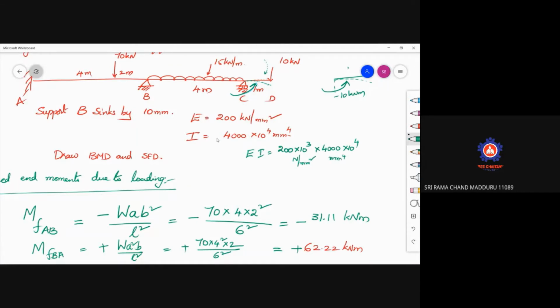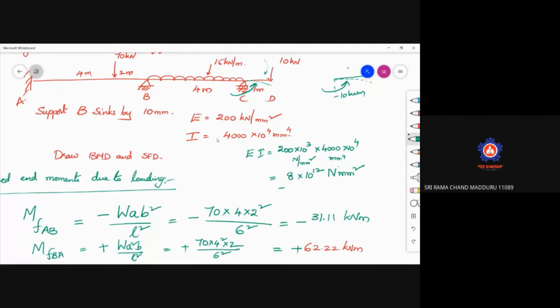Now tell me what is the answer here? Is it okay? Just check it. This is 10 power 2 into 10 power 5, 4 into 10 power 7, 5 plus 7, 12. So 8 into 10 power 12 Newton mm square.